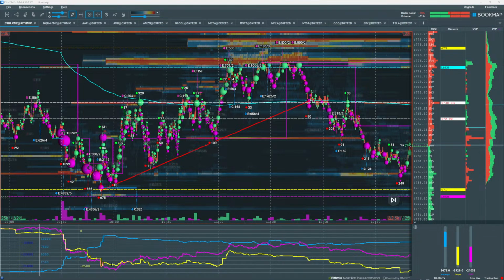So aggressive buyers, CVD shifts slightly higher. That's shown by the pink line on the subchart, and then the sell stop orders stop. And then finally the buy stop orders help to fuel the move up to the final resistance point there.